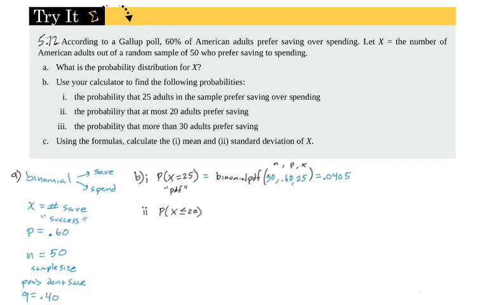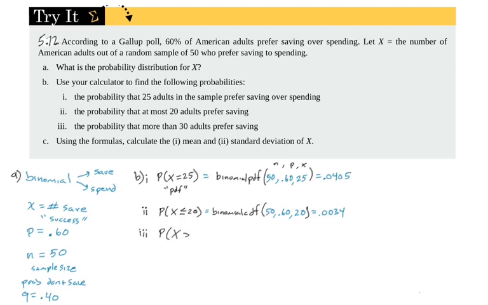For the next one, we want at most 20. So that includes 20 and below. So we're going to use a CDF because it's cumulative. It's more than one case here. So we want 0, 1, 2, 3, 4, 5, all the way to 20. And so we're going to plug in 20 there.